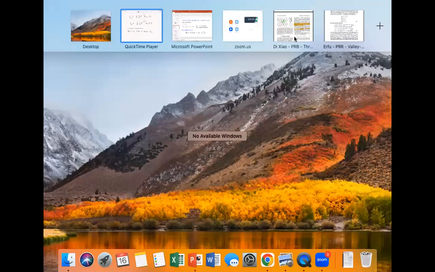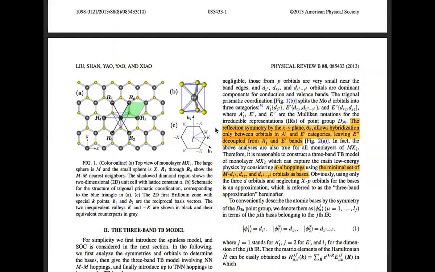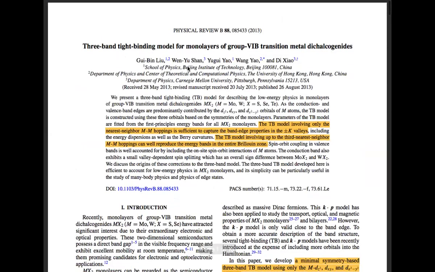So this paper has done the calculation. This is the paper from a dichalcogenides group. He was at Carnegie Mellon. Now he moved to the University of Washington. Okay, so that was the work 10 years ago.